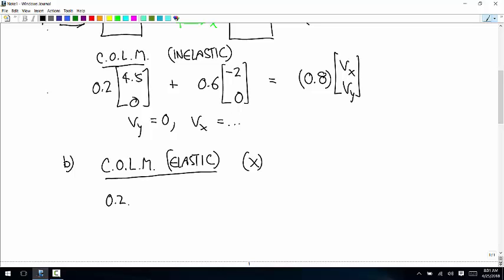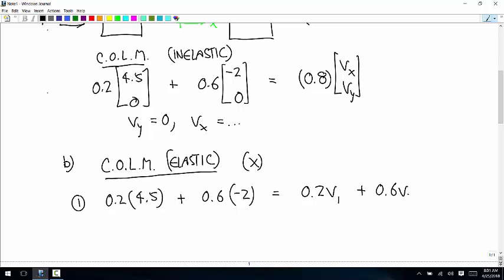So equation 1: 0.2 times 4.5 plus 0.6 times negative 2 is equal to 0.2 V1 plus 0.6 V2.